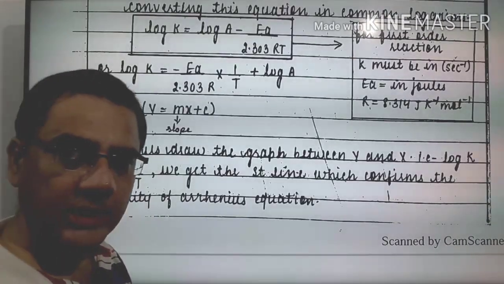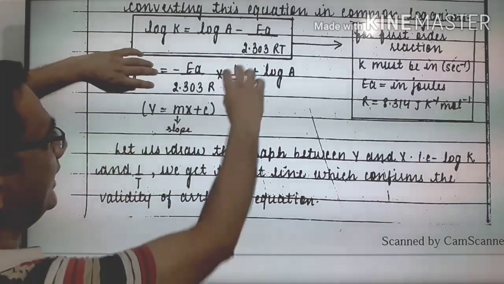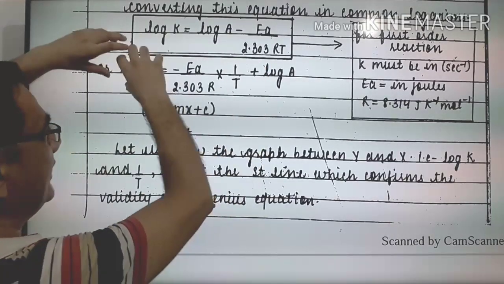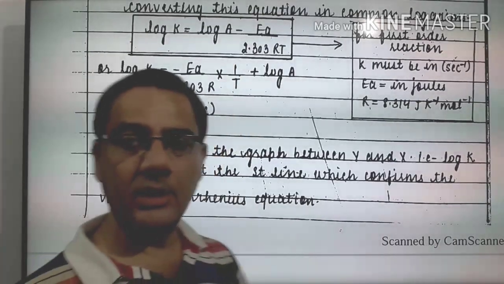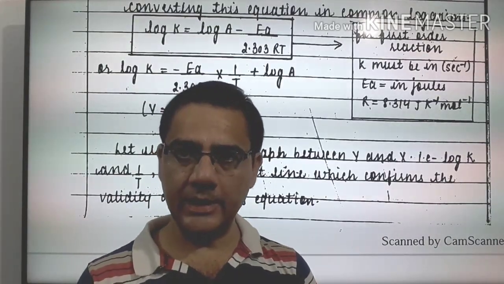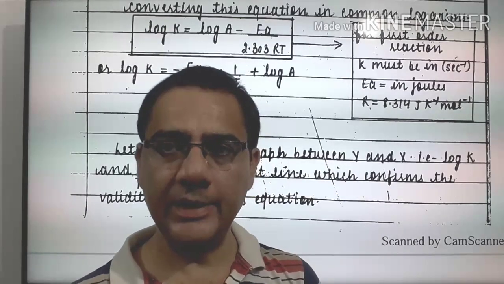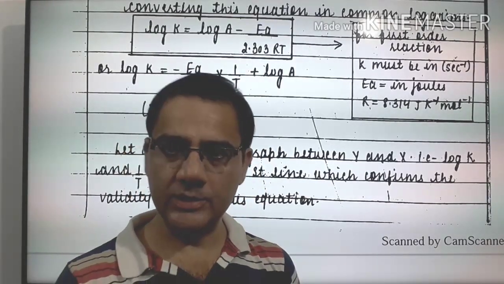So we will plot the graph between log K and 1 upon T. And when we plot the graph between log K and 1 upon T, if the graph comes as a straight line, that proves the validity of that expression. And now see the graph.